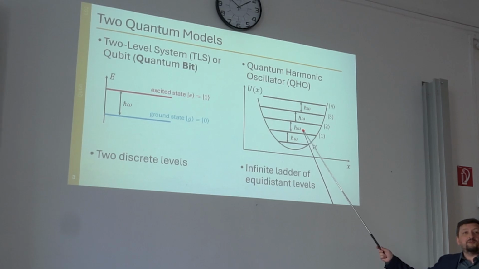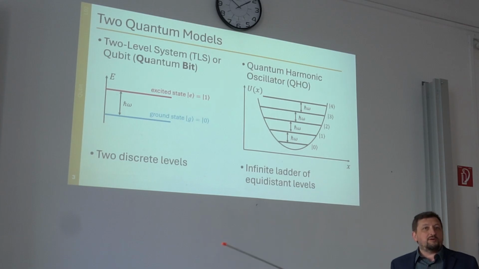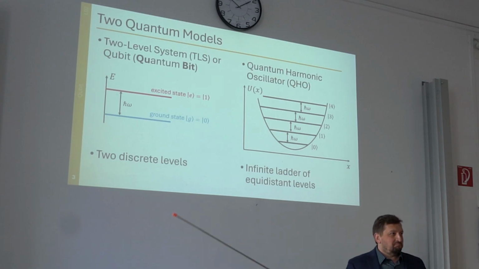So just two discrete energy levels or two discrete quantum states. Another very simple but very useful model is the model of the quantum harmonic oscillator. Well, you all studied the quantum harmonic oscillator in introductory courses on quantum physics.